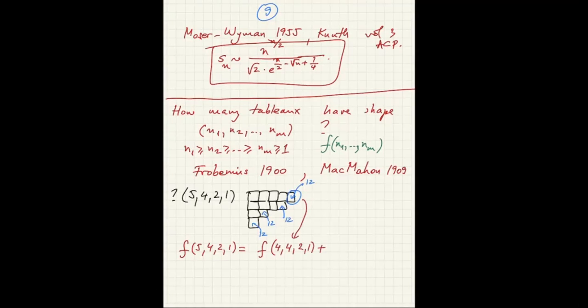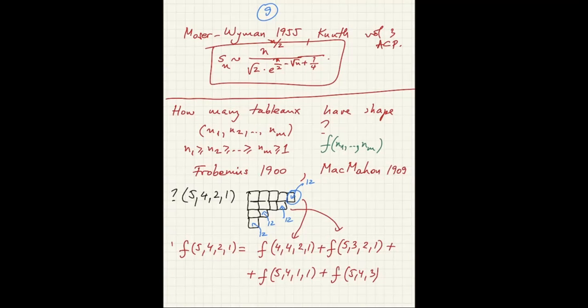Similarly, if we have 12 in the position 2 and 4 over there, that will leave us with a tableau of 5, 3, 2, 1, plus if we have 12 in the position 3 and 2, that will leave us with a 5, 4, 1, 1, plus if we have 12 at the bottom, we would have a 5, 4, 2, and technically a 0 there, but by convention we can say that that's the same thing as 5, 4, 2.